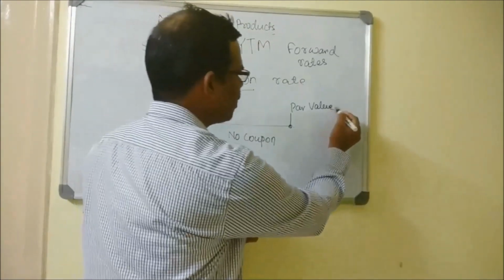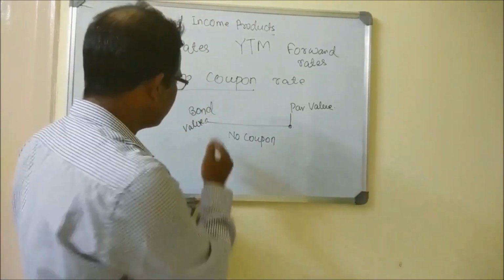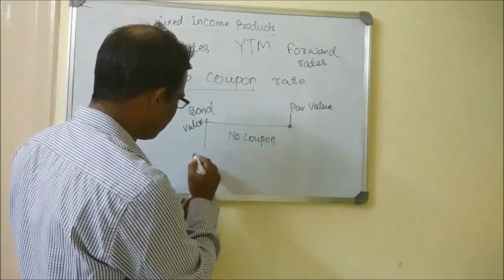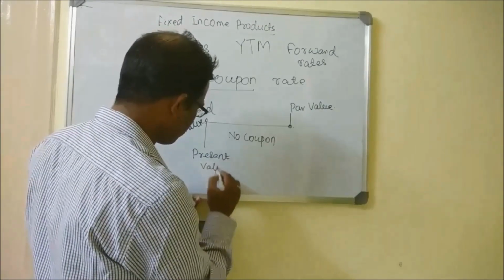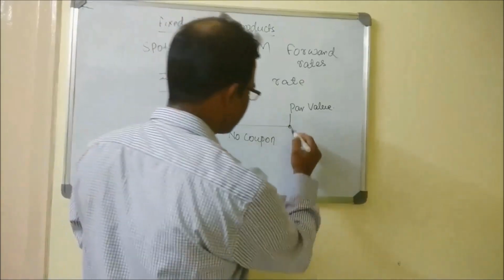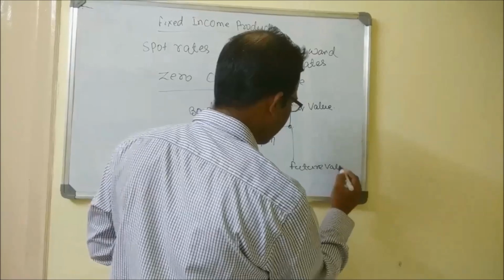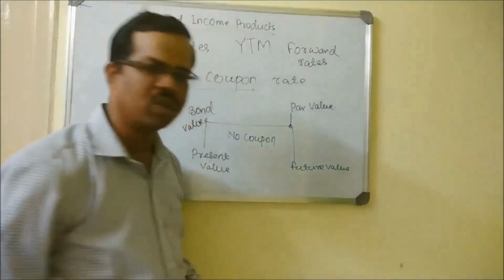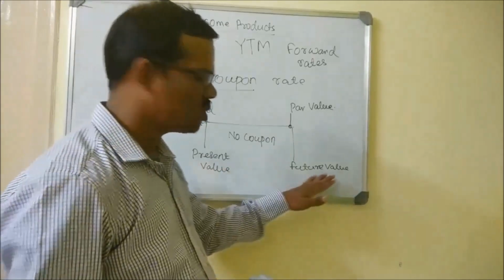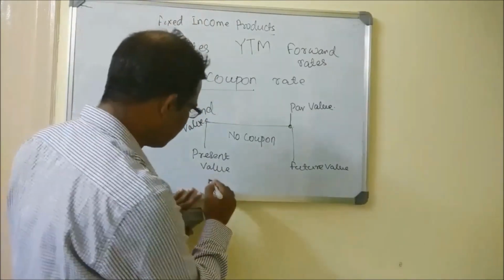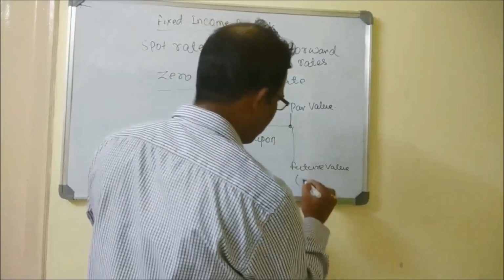If you have noted our first session, we discussed that this is called the present value and this is called the future value, as per the time value of money theory. Obviously the present value will be lesser than the future value. You invest a smaller amount here and get a larger amount there.